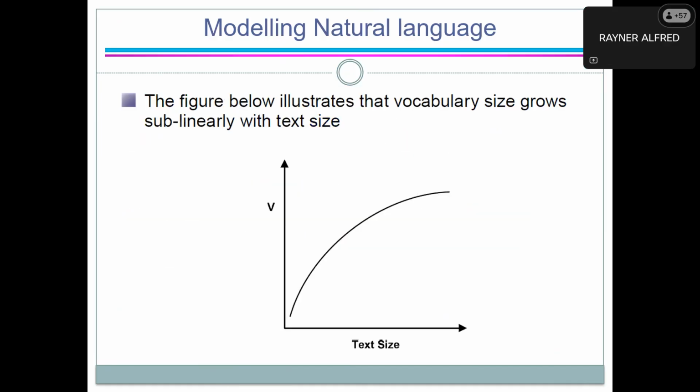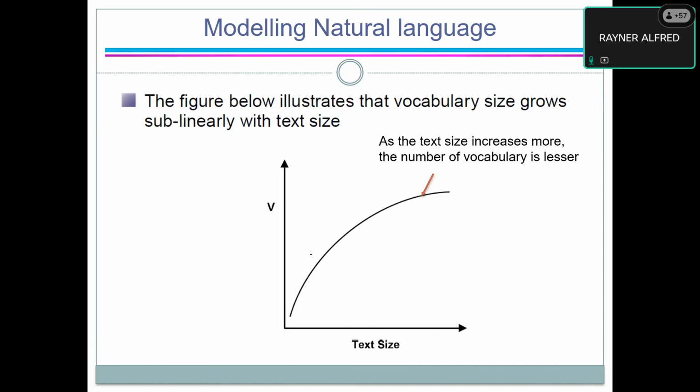Okay. When we talk about the text size, when the text size is small, the vocabulary is small, and as we go up, when the text size is increasing, we can have more vocabulary. But when we have a longer text size, eventually we will not be able to generate more vocabulary.